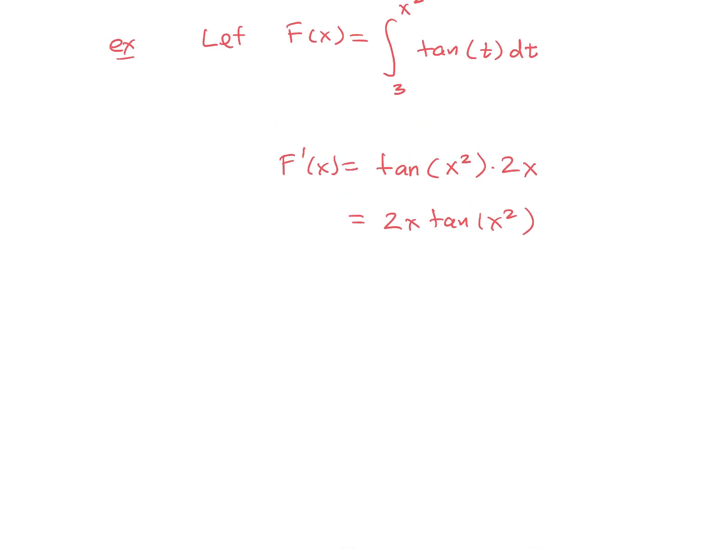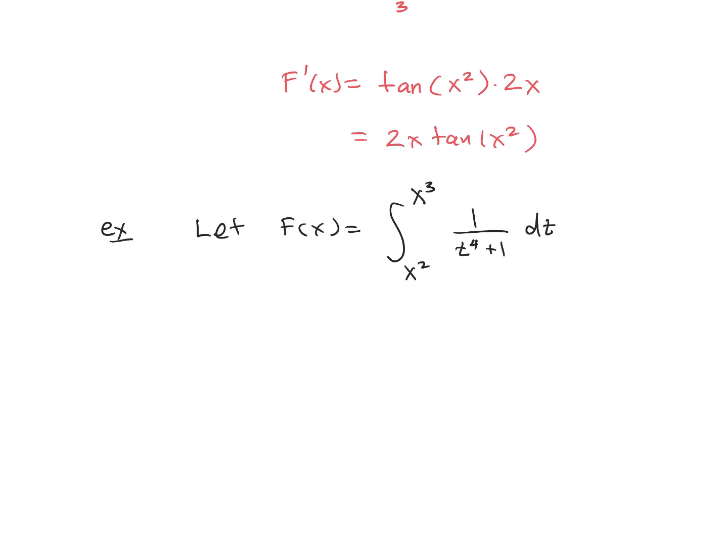So let's do one more example. We're going to let f of x be defined as the integral from x squared to x cubed of the rather complicated function 1 over t to the 4th plus 1 with respect to t.